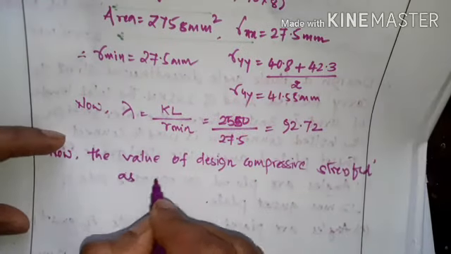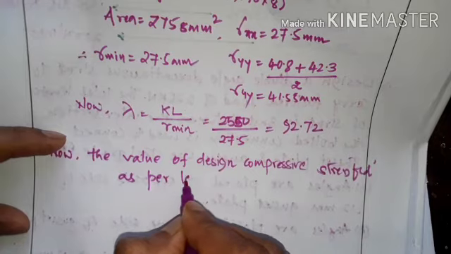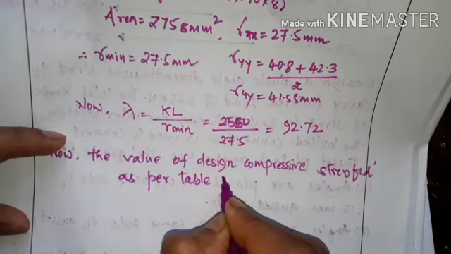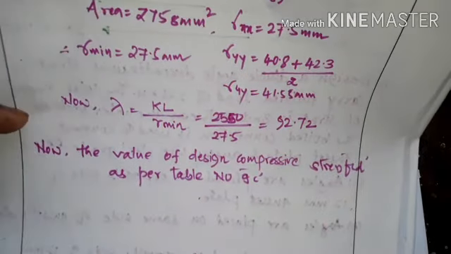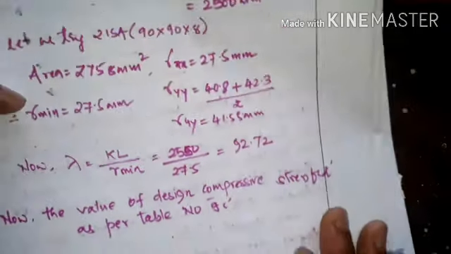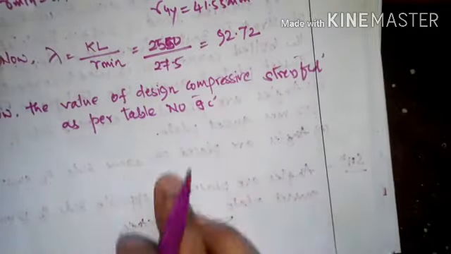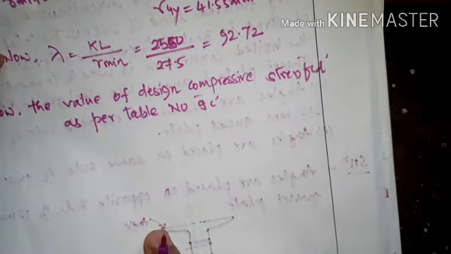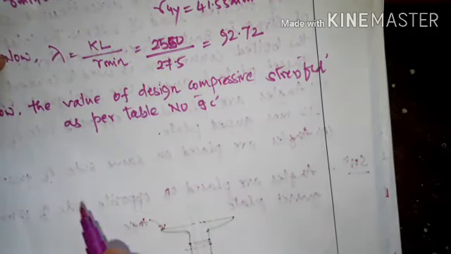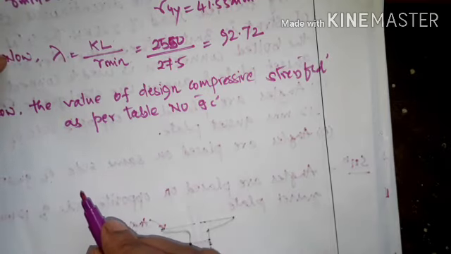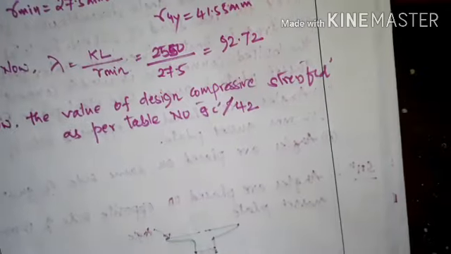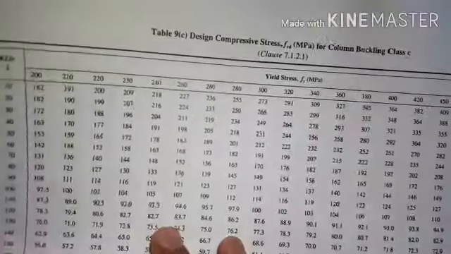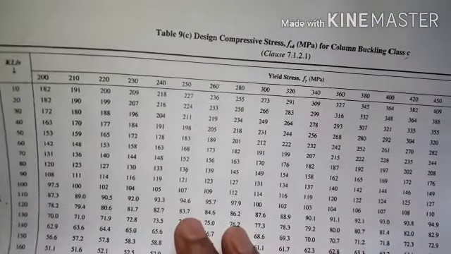As per table number 9C, you have to refer table number 9C because it is an angle section. Again 9C, page number 42. I will show you here. So here you have to refer table number 9C from IS 800.